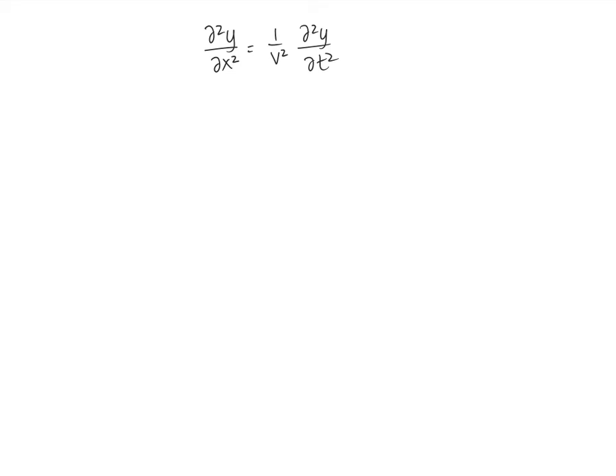So if we rearrange, we would find that d squared y dt squared over d squared y dx squared should be equal to v squared.